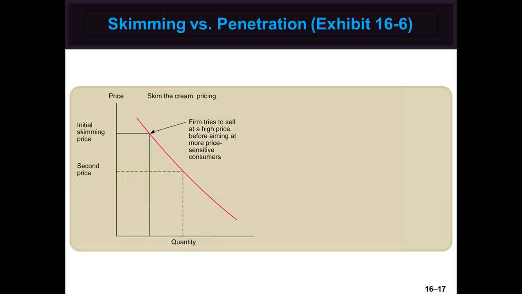When well executed, price moves down the demand curve when each price-linked segment is nearly exhausted. The new price and new features should attract a new target market and help maximize profits over the course of the product's life cycle.